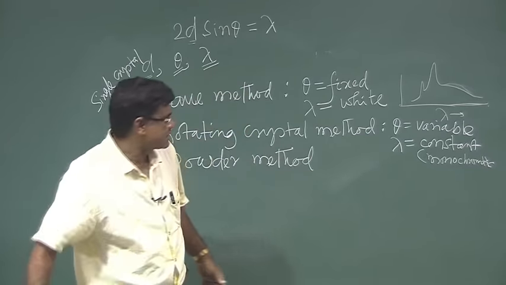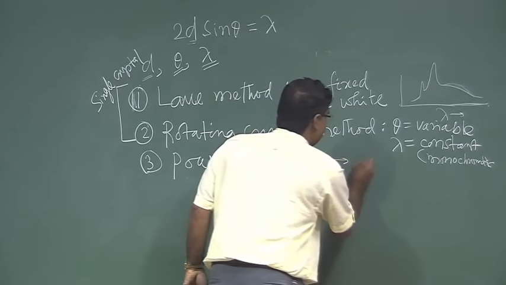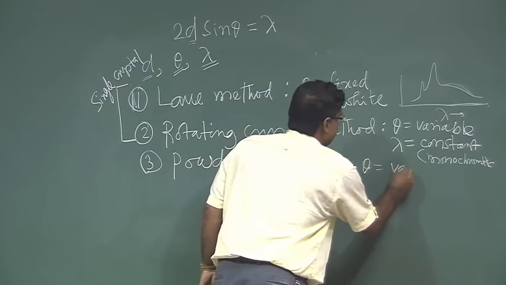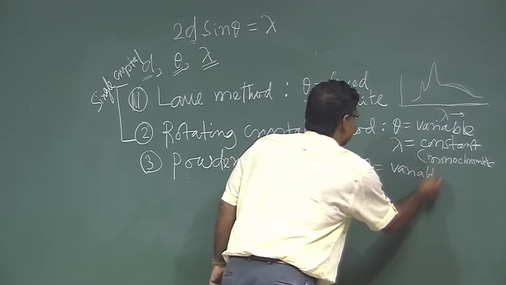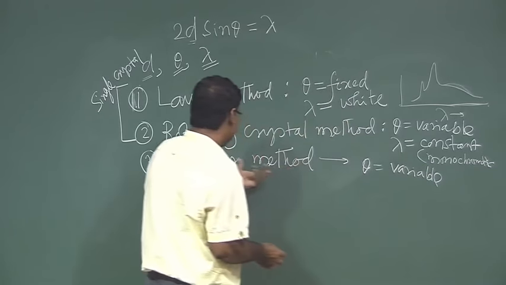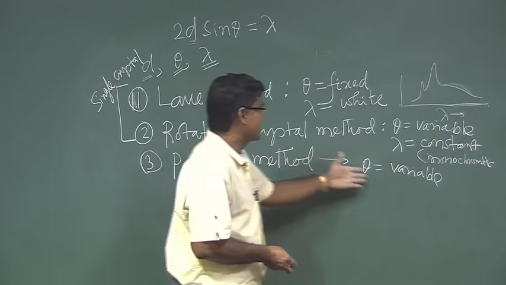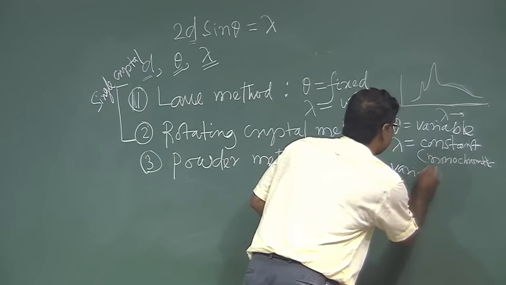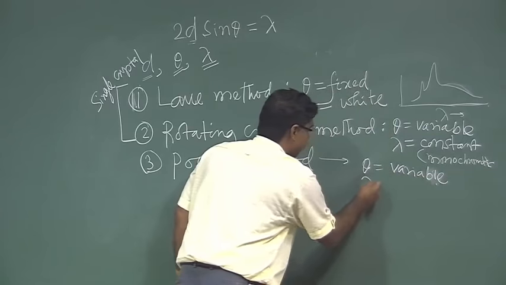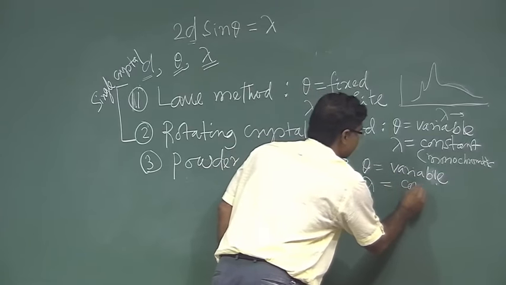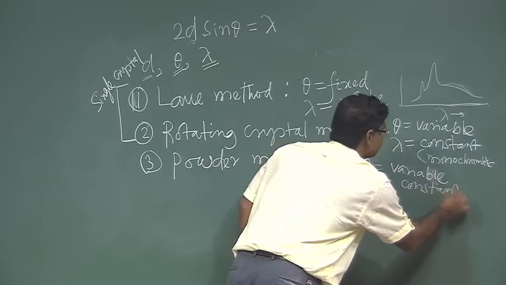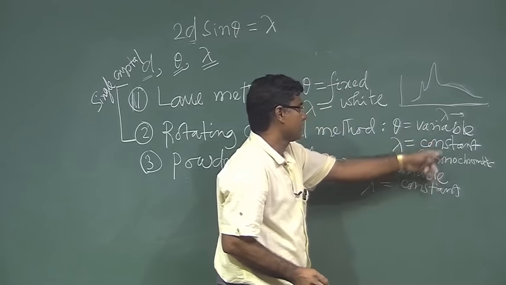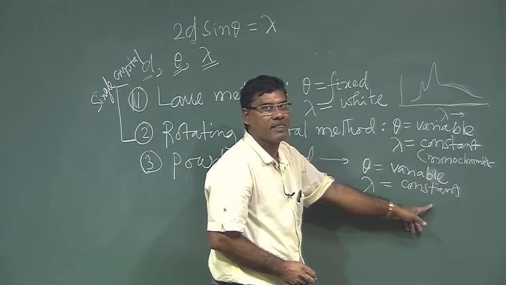So, in this case this angle is variable. We are not rotating, but using the powder, so we are getting this variation. Theta is variable, and lambda is fixed, constant. This X-ray is monochromatic. Okay.